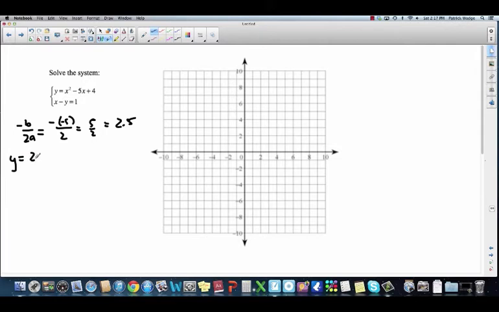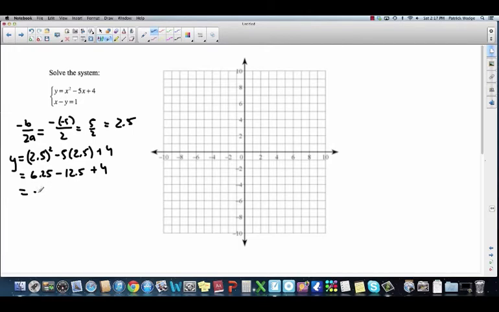Y equals 2.5 squared minus 5 times 2.5 plus 4. I don't even know if it fits on the graph. I hope so. 2.5 squared is 6.25, as you all know. And 5 times 2.5 is 12.5, and then plus 4. Oh, why did I do this example? It's horrible.